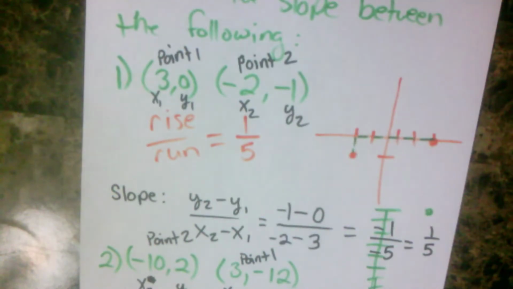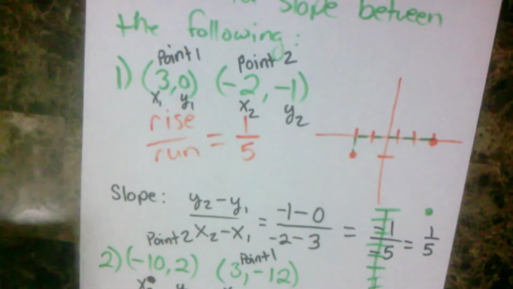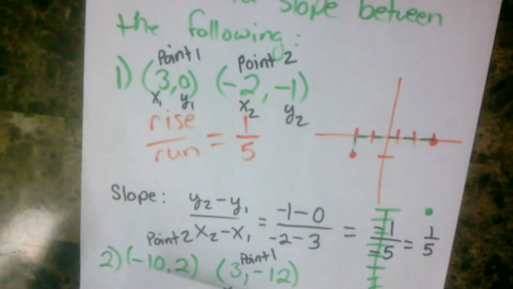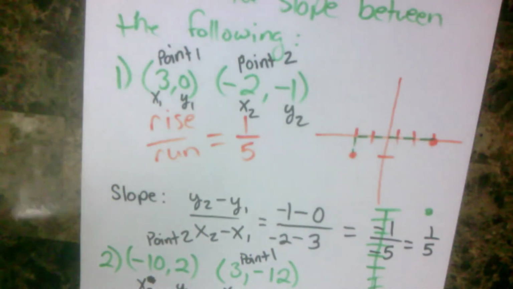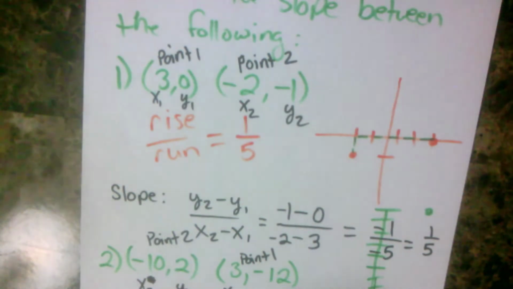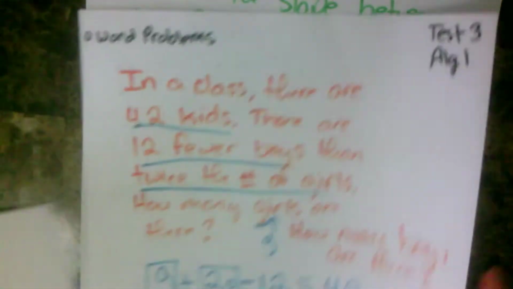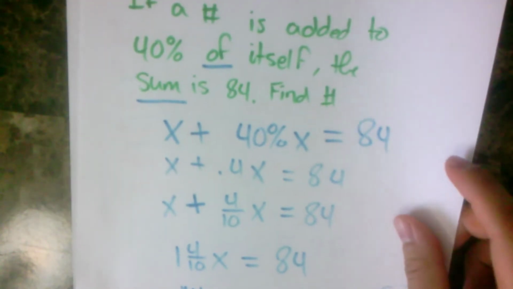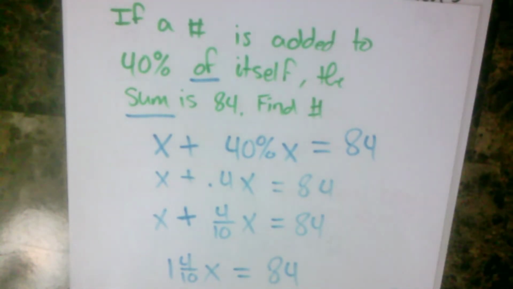So those 4 topics again were, let's see. Okay, so, wait, where are my word problems? Oh, here we go. Okay, so we started off with word problems, that kind of problem, then that kind of problem, and we solved both of them. Feel free to rewind if you needed it.